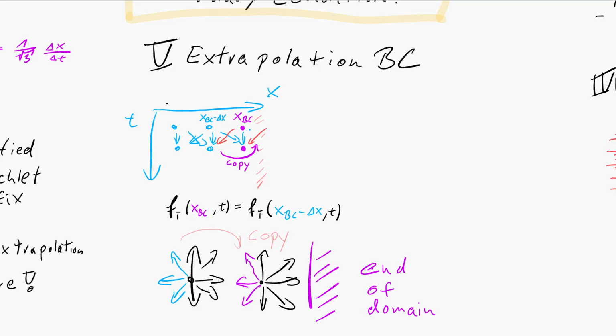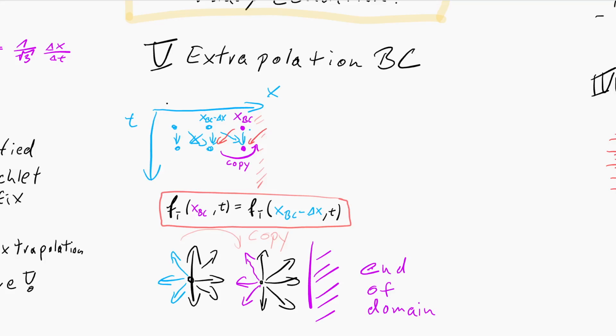So now this is the equation that we can apply. The population that is going in the opposite direction from the outlet, which we identify with f_i-bar at the boundary, is simply the distribution at the same time step at the neighboring node in negative x direction.